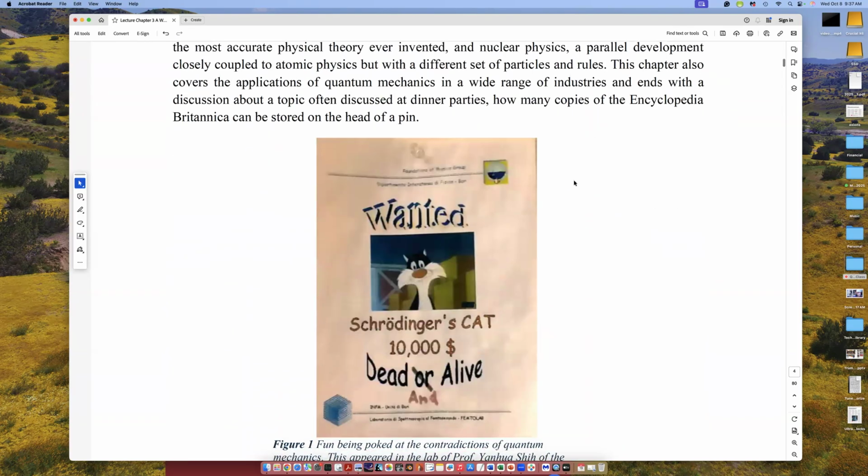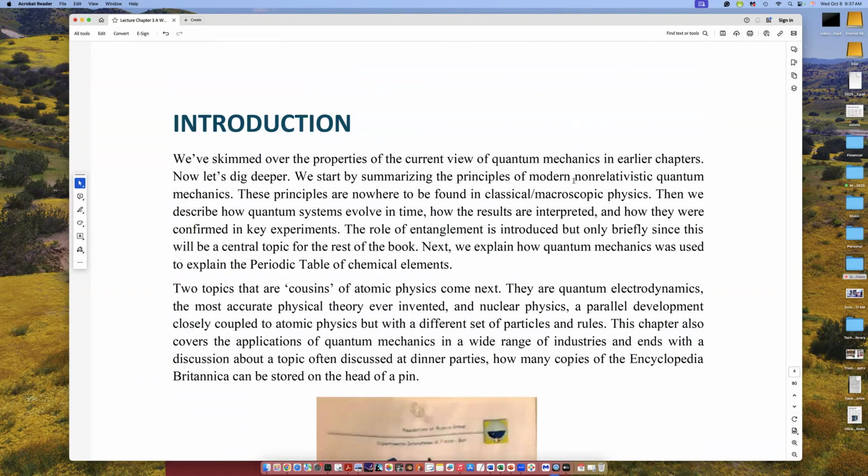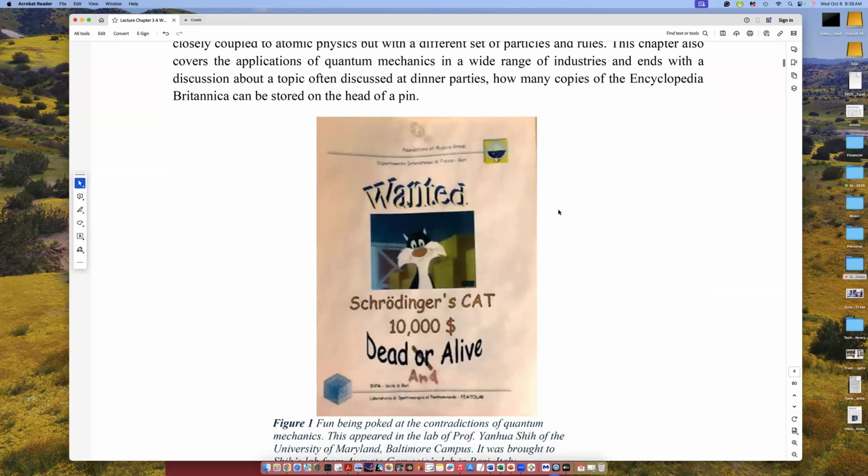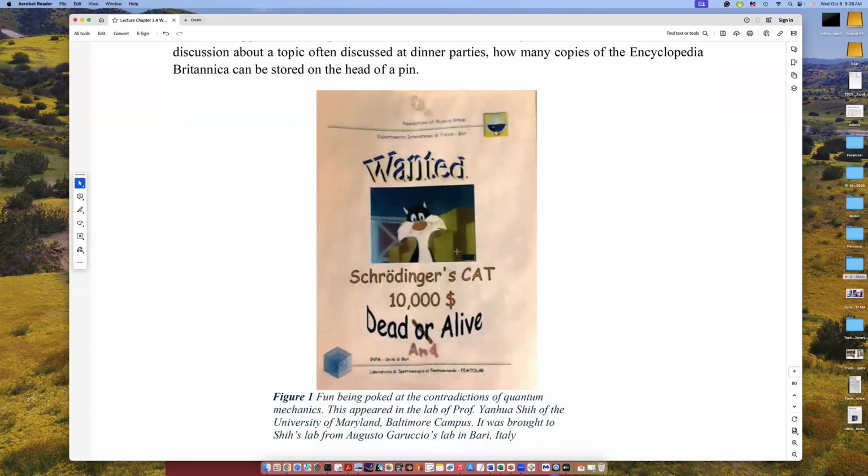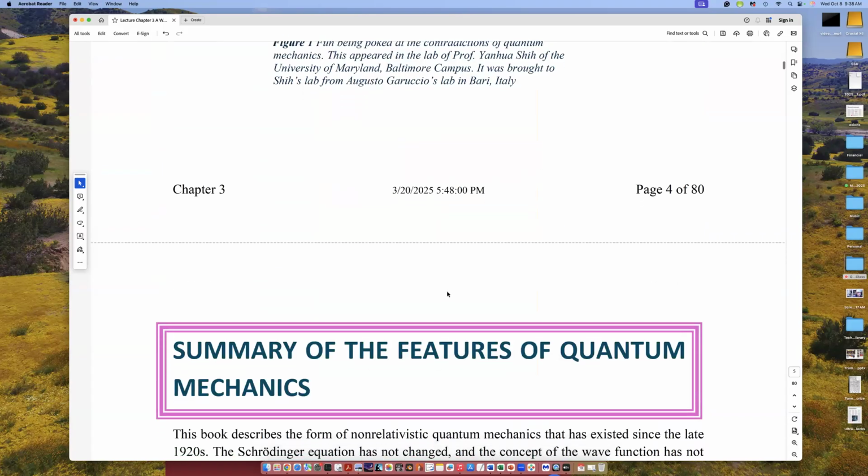And let me just say again something I said in the first lecture, and that is I wrote an entire book on this for this class. And I think if you read the book and attend the lectures, you'll get the most out of the experience. Here's a little cartoon version relating to Schrodinger's cat, dead and alive. We'll be talking about what this is all about as we go along.